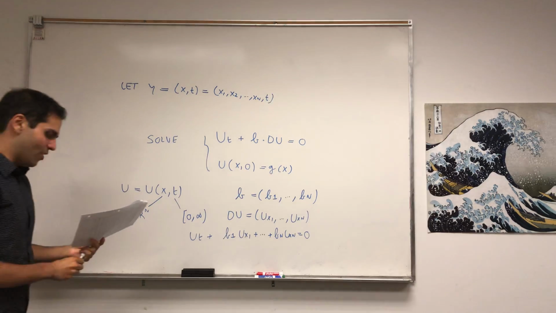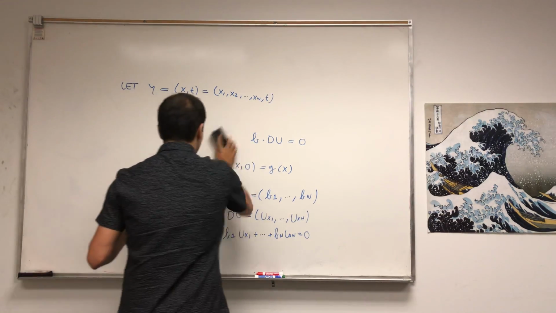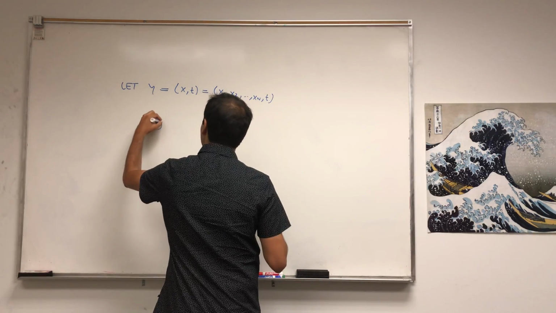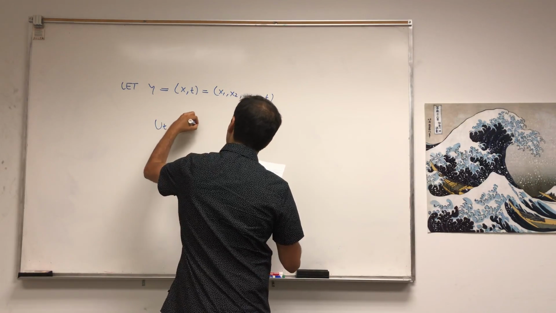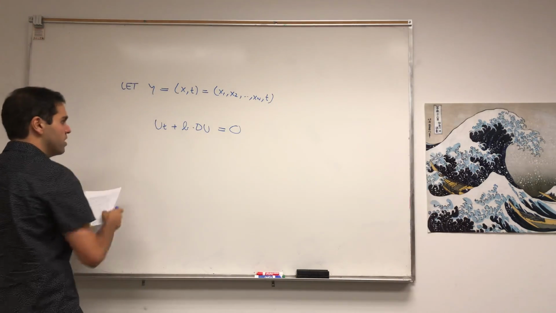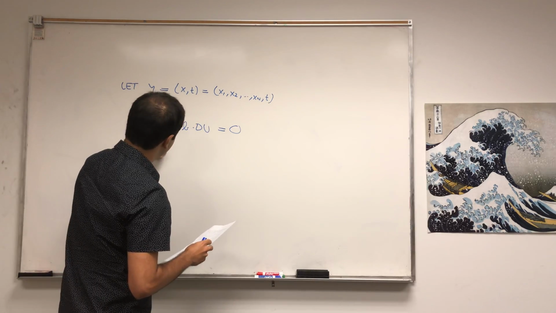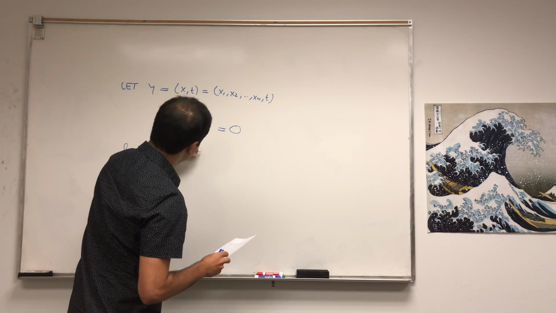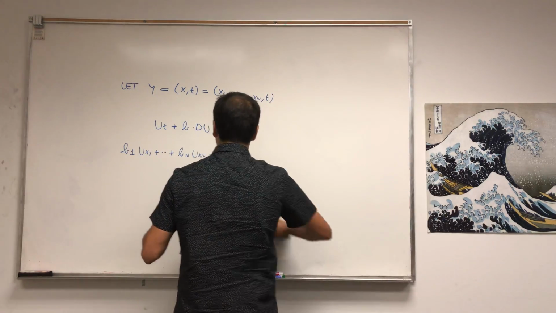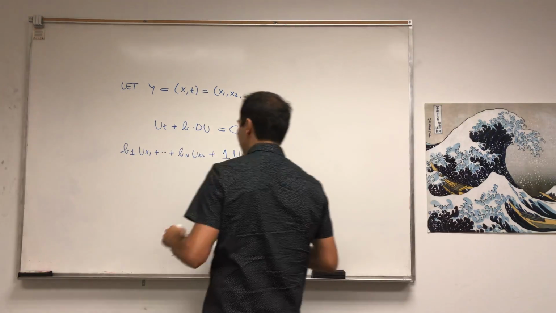Then rewrite this equation, which I just erased: u_t plus b dotted with Du equals 0. Notice you can write this as b1 u_x1 plus ... plus bn u_xn plus 1 times u_t equals 0.